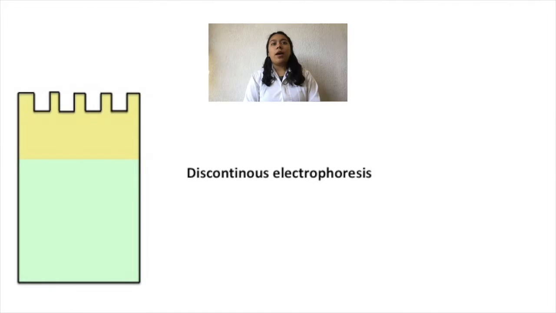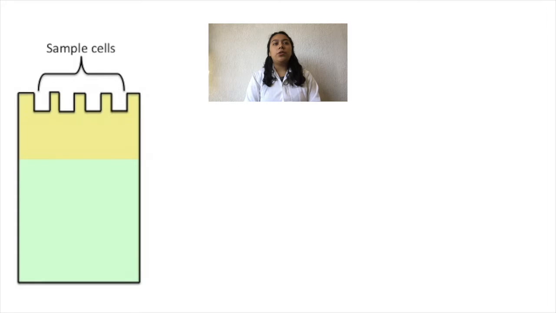In the electrophoresis performed by both groups, the marker bands could be distinguished. However, they were not distinguished with high quality. To improve the resolution of these bands, we can perform a discontinuous electrophoresis. This consists in dividing the gel in two phases.